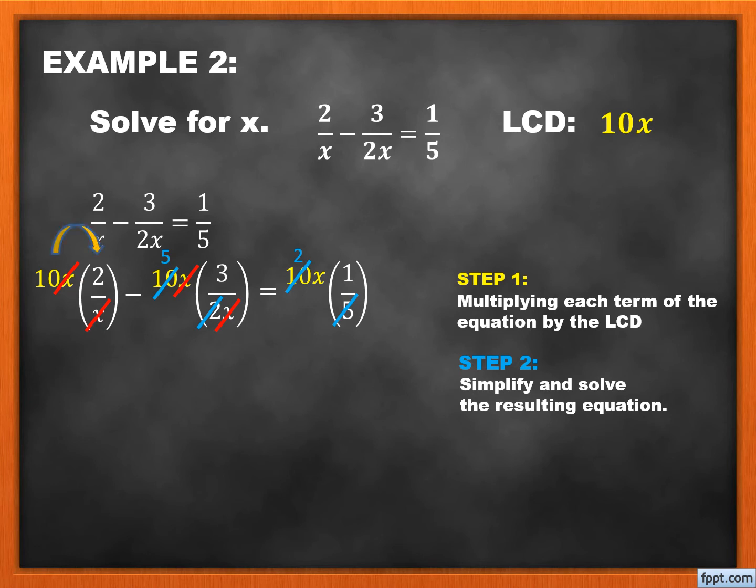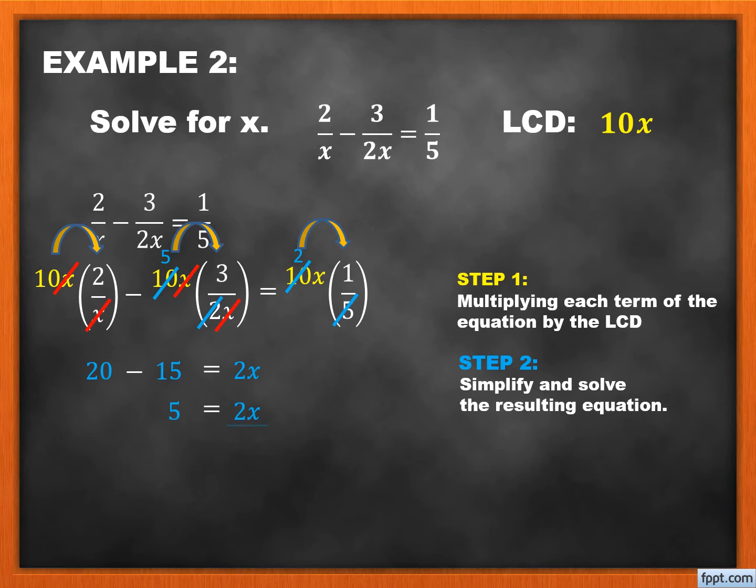Now simplifying, 10 times 2, we have 20, minus 5 times 3, we have 15, equals 2 times 1, we have 2, and the remaining variable x, so we have 2x. 20 minus 15 is equal to 5, equals 2x.